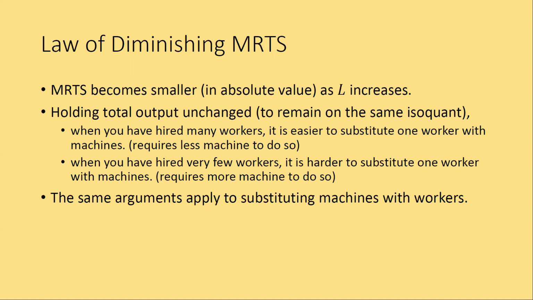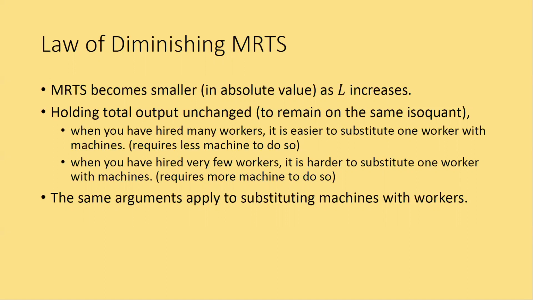Basically it states that the MRTS becomes smaller in absolute value as the amount of labor that the firm hires increases. And this also has a very intuitive understanding. So let's hold the total output that we want to produce the same. So we are looking at points that are on the same isoquant.